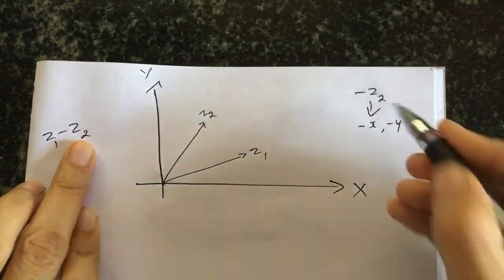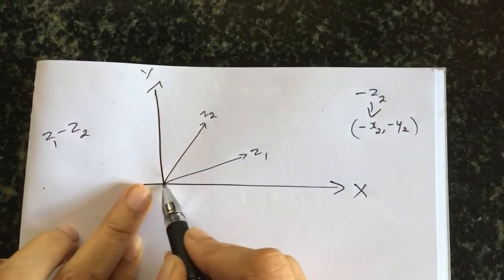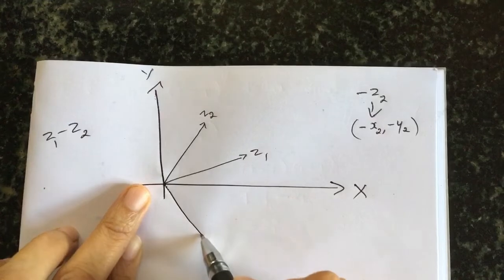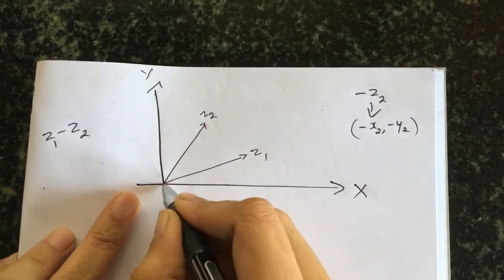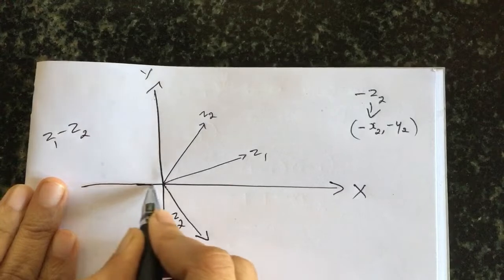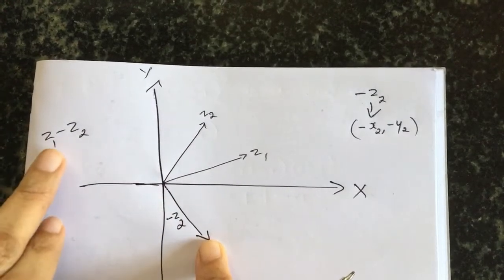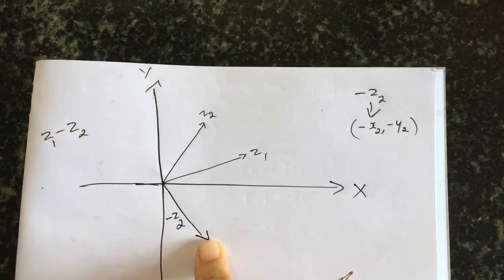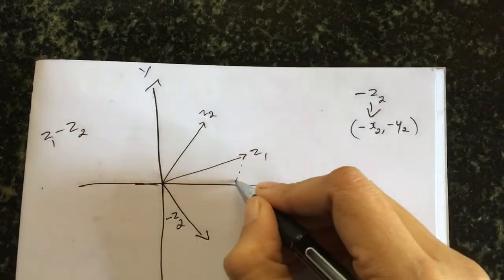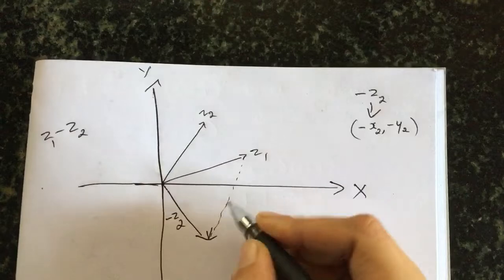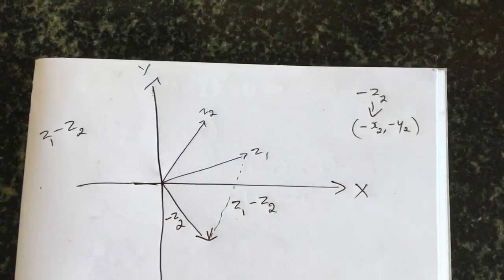So it is minus x2, minus y2, so that it comes down like this. This is now minus z2. I want to find z1 minus z2, so this comes like this. This gives me z1 minus z2.